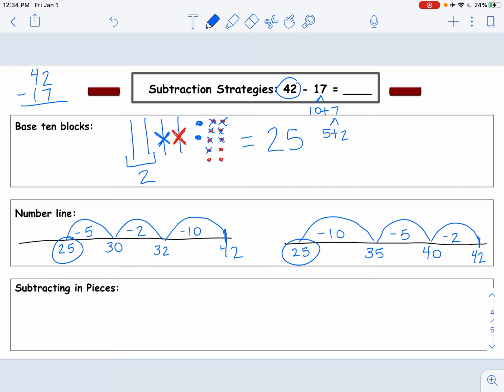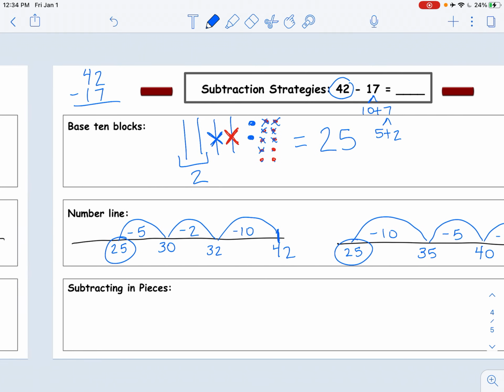We actually encourage our students to try to think of more than one way to solve this equation on a number line, right? It really helps them understand that either way works. You can see both ways were done with 3 hops. So now this very last one is subtracting in pieces.